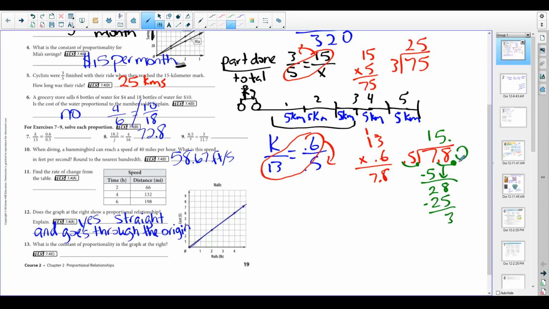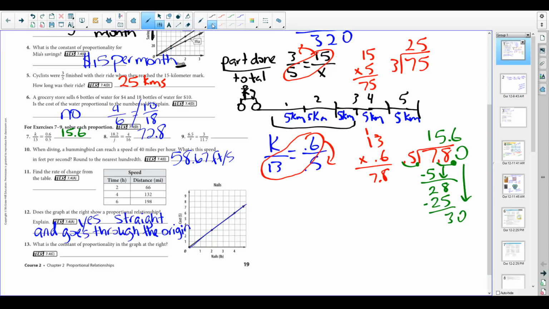So we're going to add decimal. And 5 goes into 30 6 times. So 15.6. And then we can check it. If we look, 0.6 is a little bit more than 0.5. So k should be a little bit more than 13, and 15.6 is a little bit more than 13. Okay.